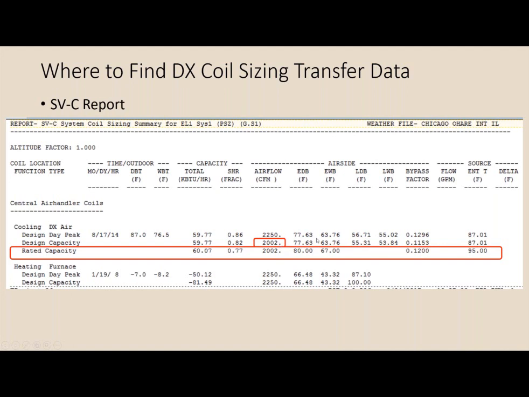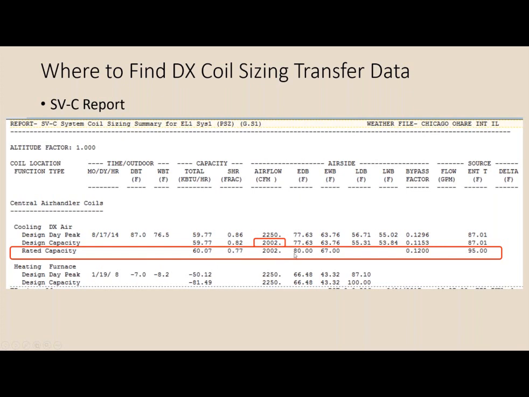And the design condition has certain airside temperatures that are not AHRI. So this last row is the rated conditions. You've got the AHRI 80, 67, 95 values, and it adjusts capacity and other factors based on the AHRI conditions.